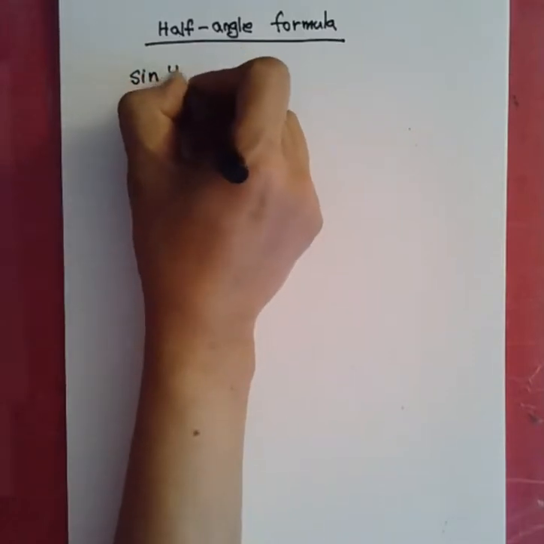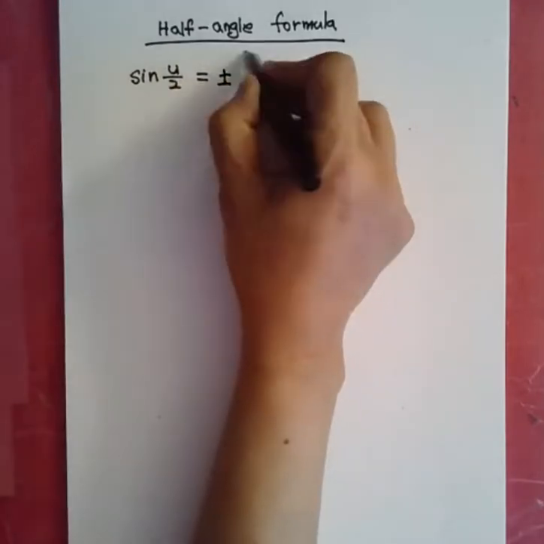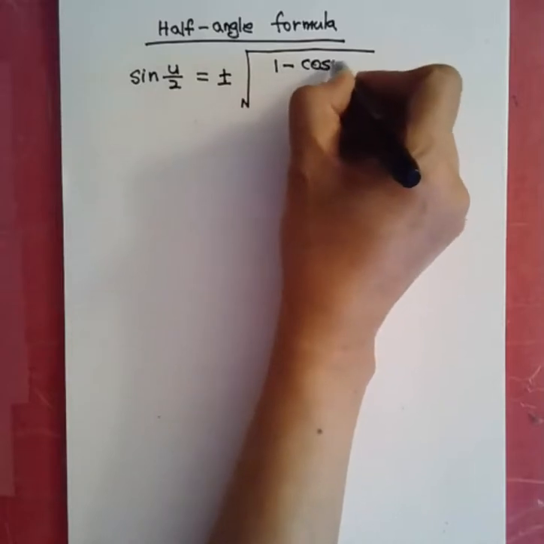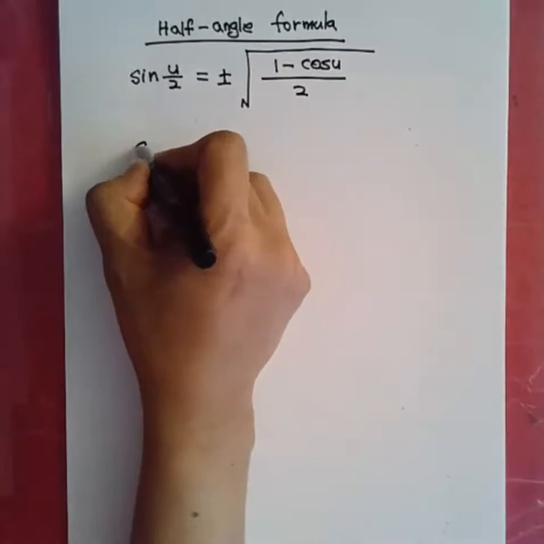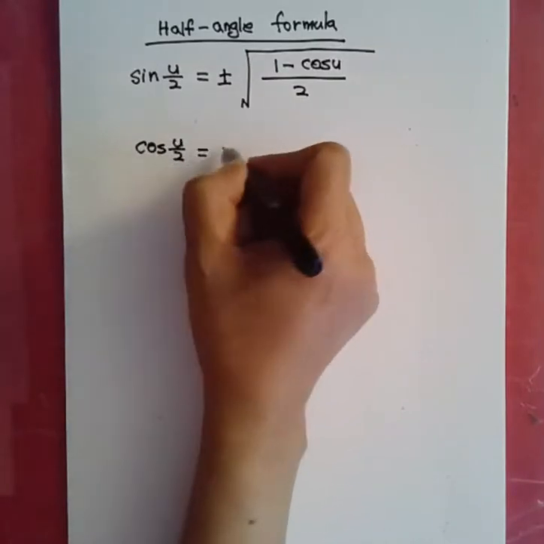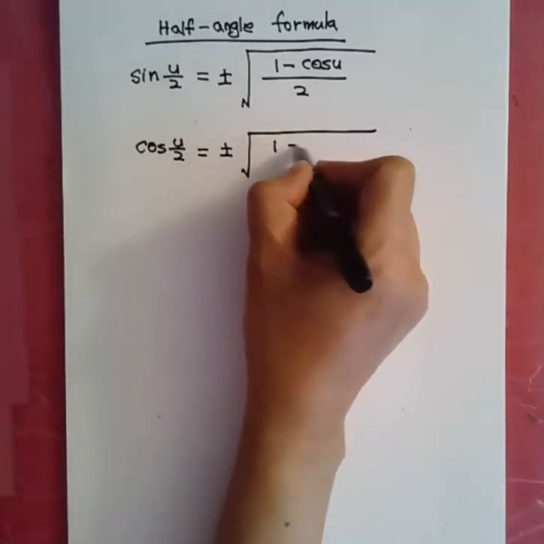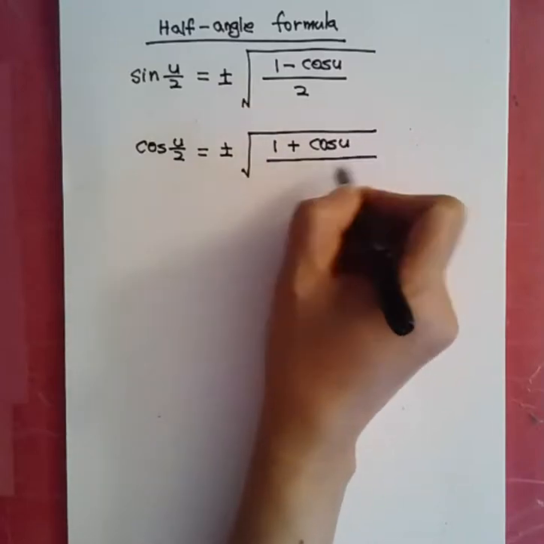Sine of u over 2 is plus or minus the square root of (1 minus cosine of u) over 2, and cosine of u over 2 equals plus or minus the square root of (1 plus cosine of u) over 2.